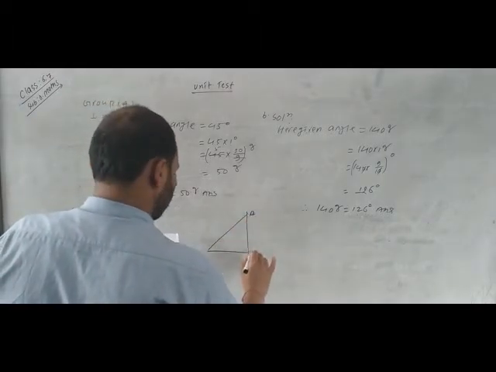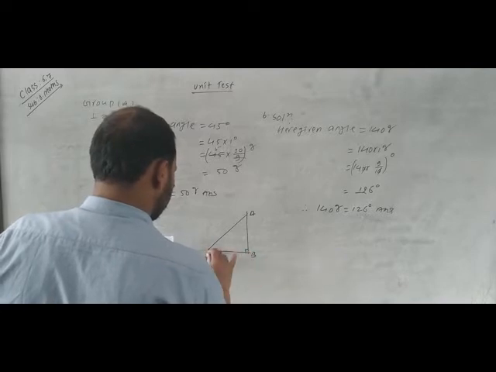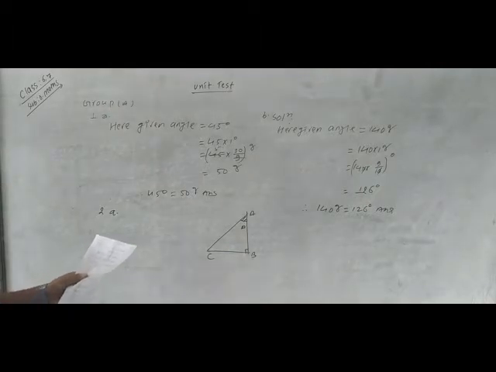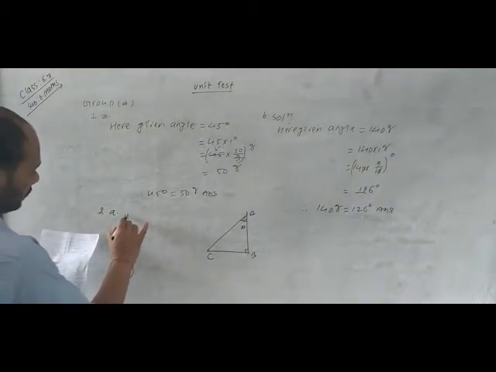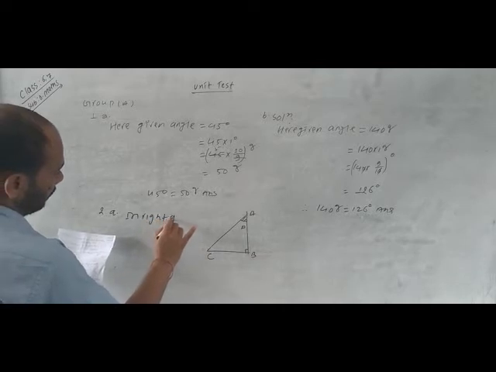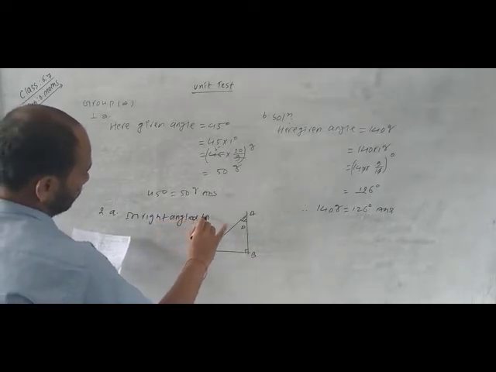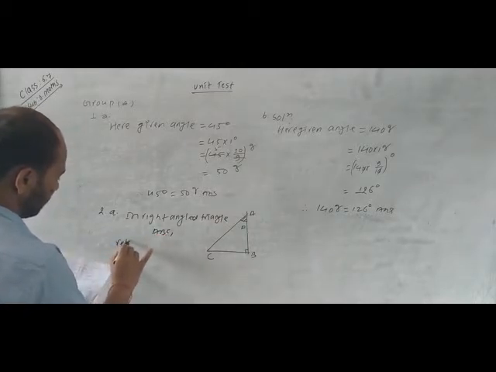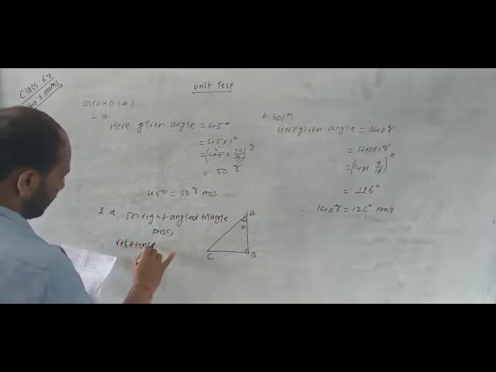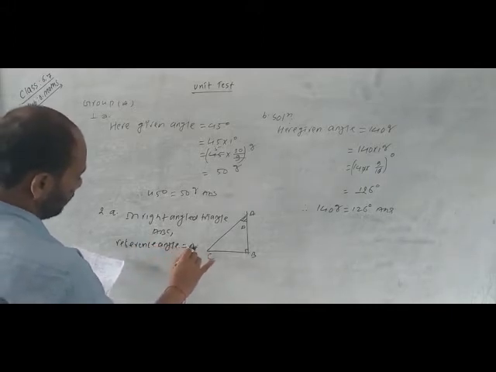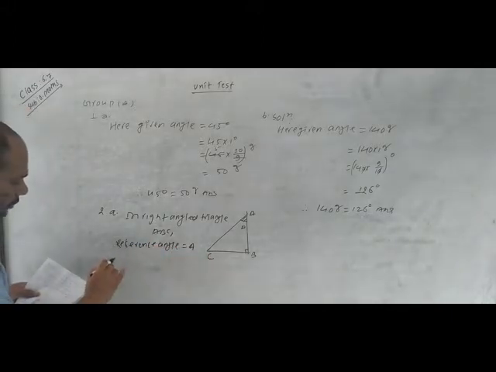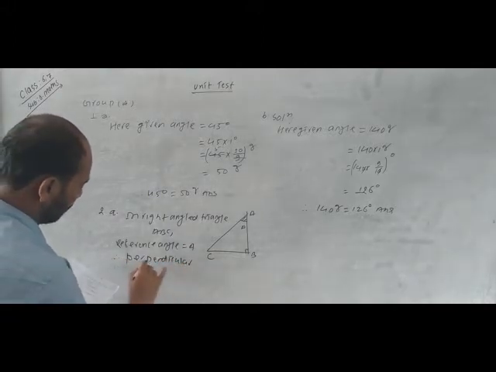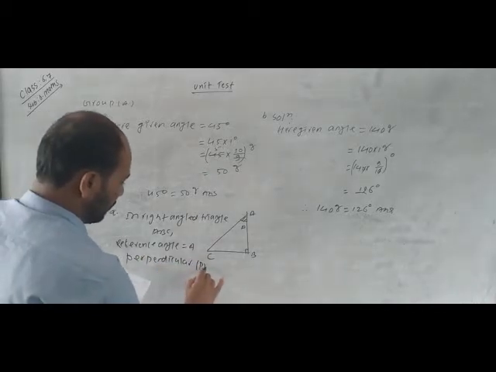Okay, A, B, C, and there is this angle, and this angle is A. Your question says find sin A. So here in right angle triangle ABC, the reference angle is equal to A. Therefore perpendicular P is equal to BC.